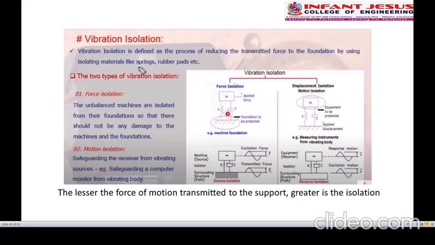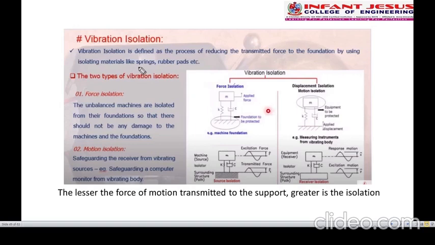For example, for motion isolation we can consider a railway track. A train is passing on the railway track. If a house is nearby the railway track, in the house we experience the vibration when the train is passing through the track. The vibration is felt in the house.